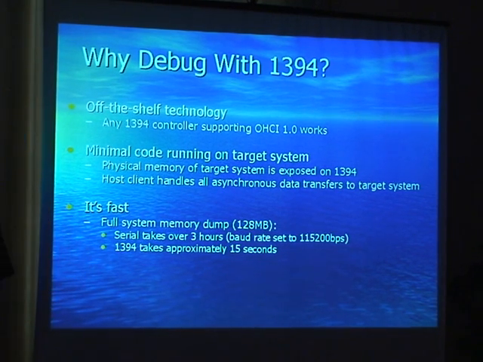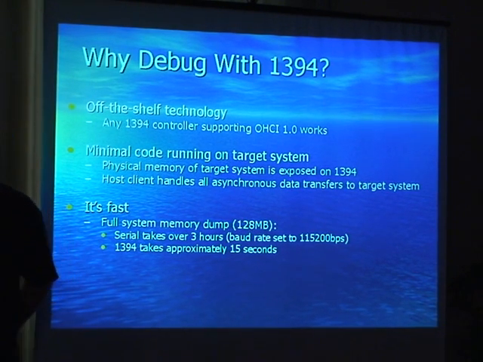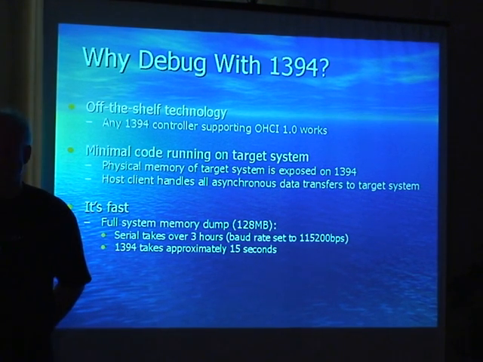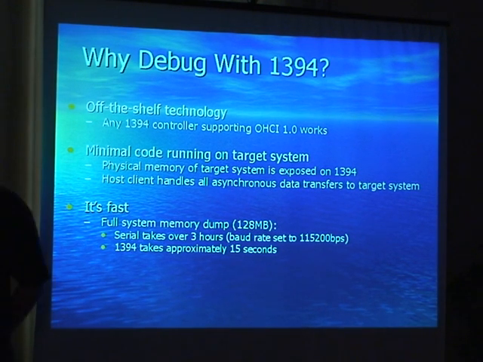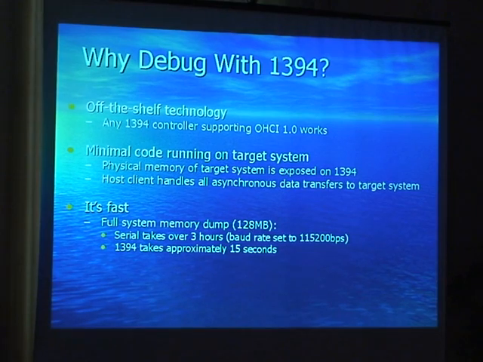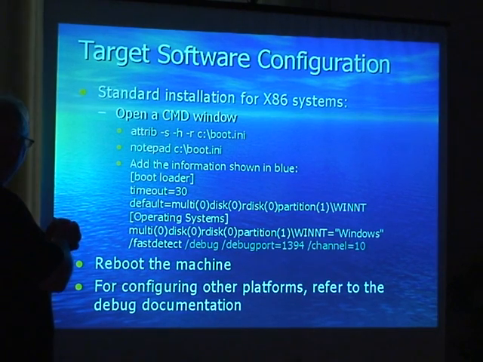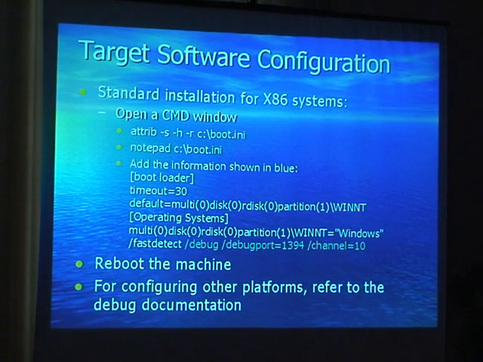It says here some of the statistics: a full system memory dump, about 128 megabits, would take over 3 hours on a serial bus, but with FireWire, it happens in about 15 seconds to dump the entire memory.